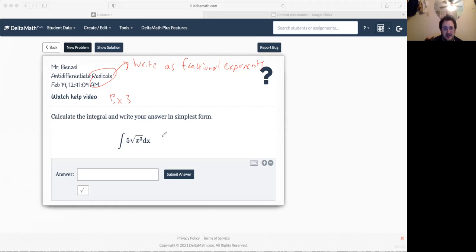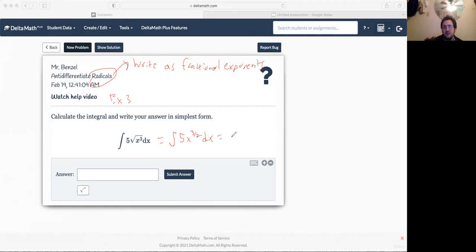So what I would do immediately here, I would not anti-differentiate until you have the nice x to the exponent type of form. So this is going to be x to the 3/2 dx.